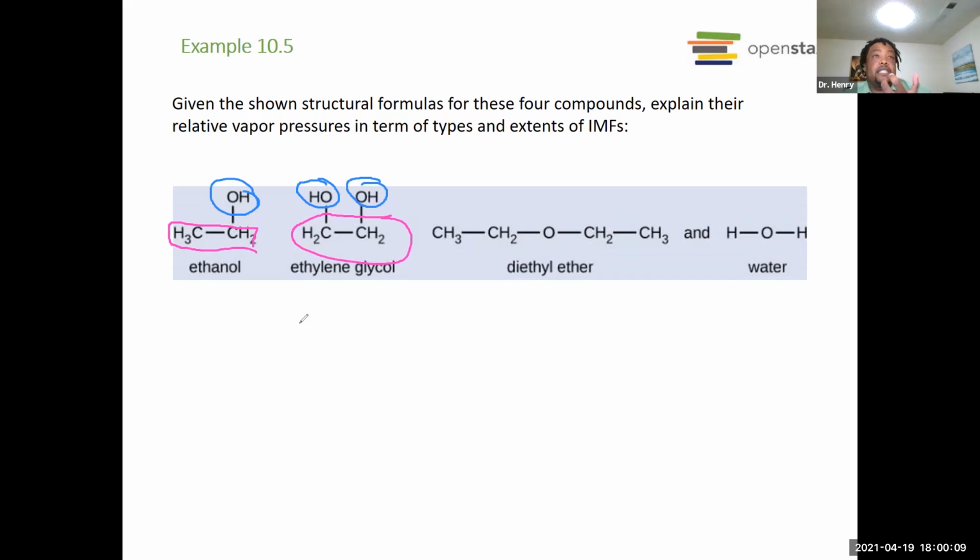Now, when we talk about dipole, you basically have something that is more electronegative paired up with something that's less electronegative. So like if we did sulfur and chlorine, sulfur is less electronegative than chlorine, so the electrons go towards the chlorine. That gives sulfur a slightly positive charge and chlorine a slightly negative charge. That would be dipole-dipole.